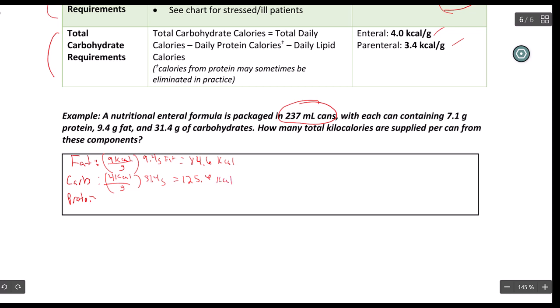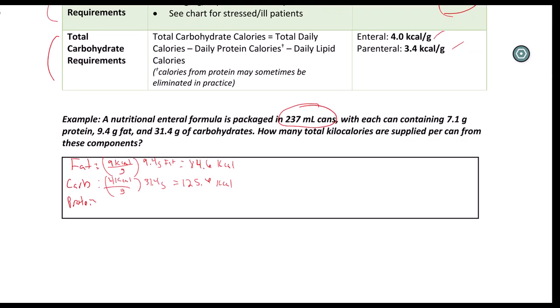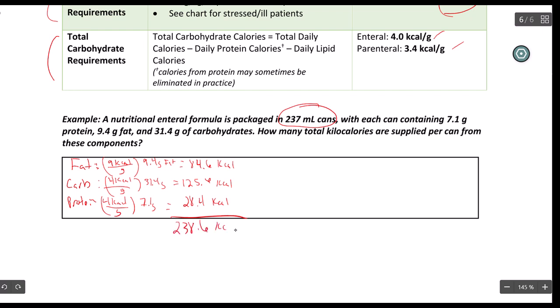And what about protein? Protein is always going to be 4 kilocalories per gram, and we are going to be giving 7.1 grams, and that's going to be about 28.4 kilocalories. Altogether, all these are going to add up to about 238.6 kilocalories per can.